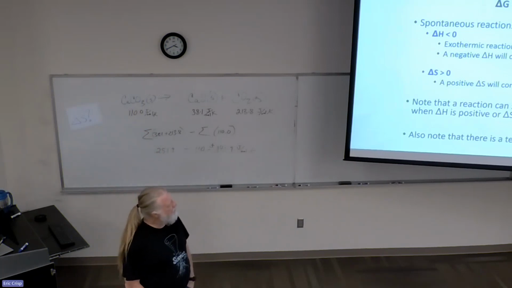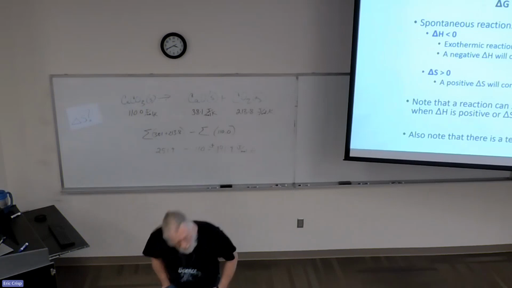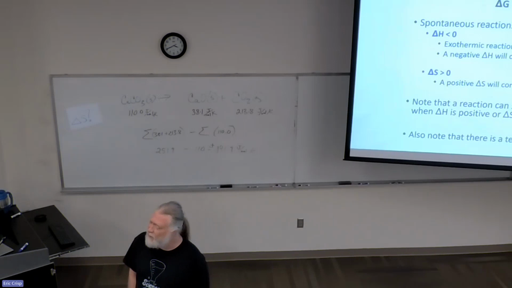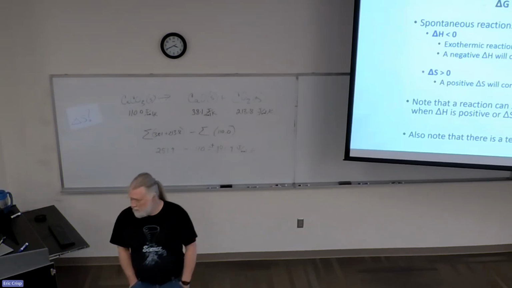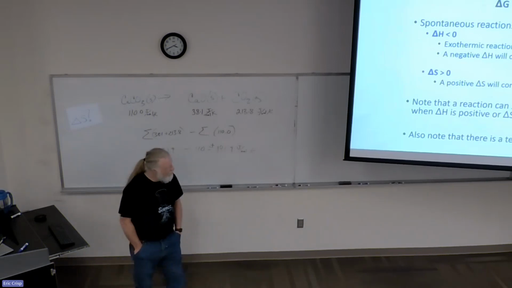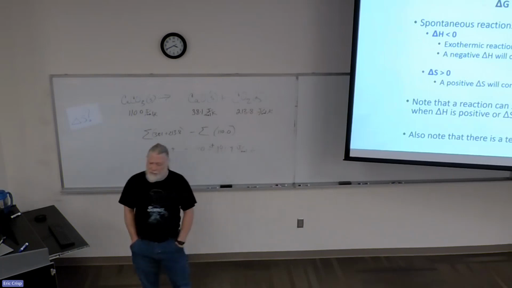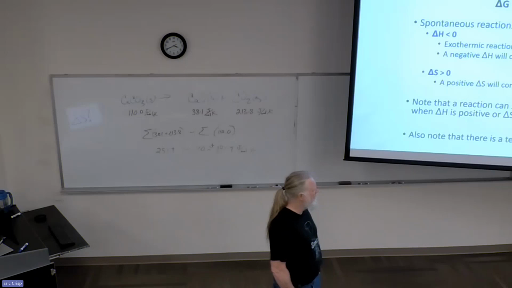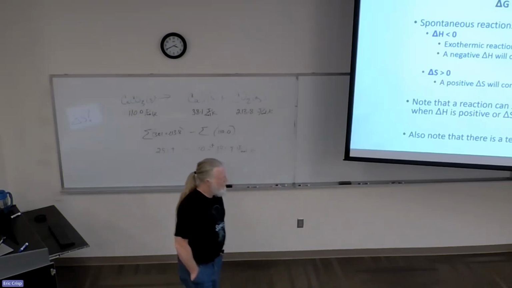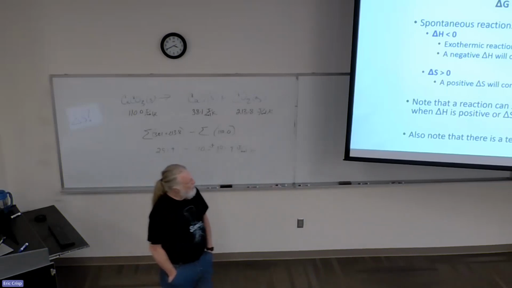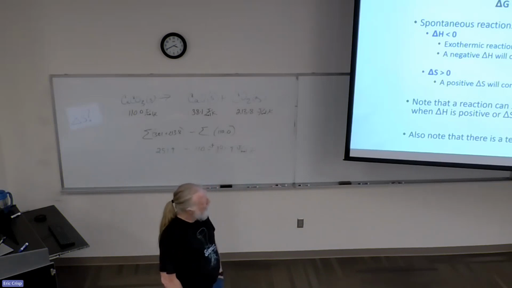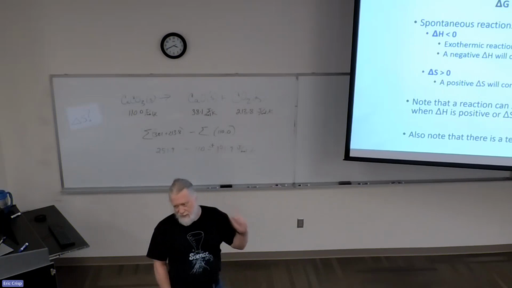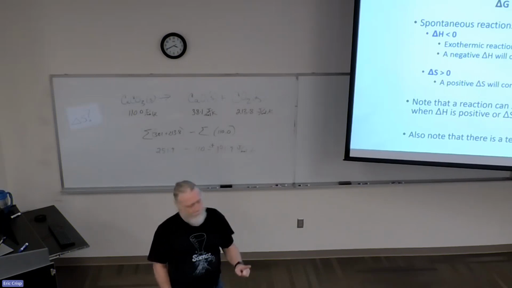A negative delta H helps a delta G be negative, but it's not the only thing involved, right? And a positive delta H helps a delta G be positive, but again, it's not the only thing involved. Because there's that delta S. The equation up top implies delta G equals delta H minus T delta S, right?